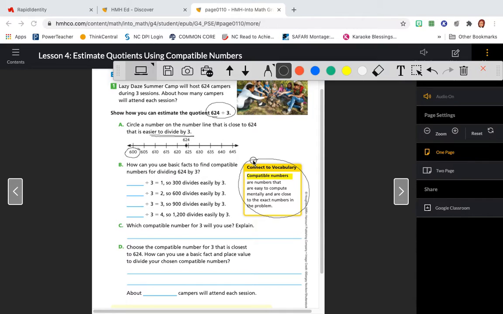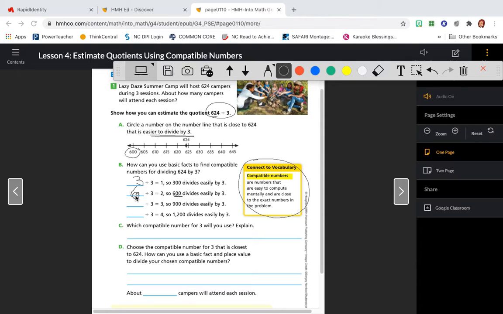So, we know that some number divided by 3 equals 1. What number divided by 3 equals 1? 3. 3 divided by 3 equals 1. If 3 divided by 3 equals 1, what number divided by 3 equals 2? 6.